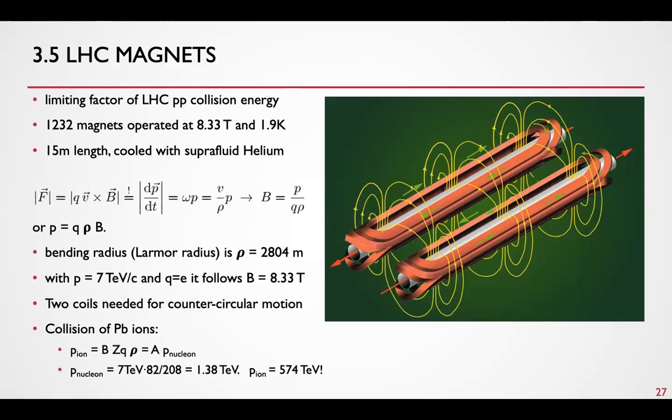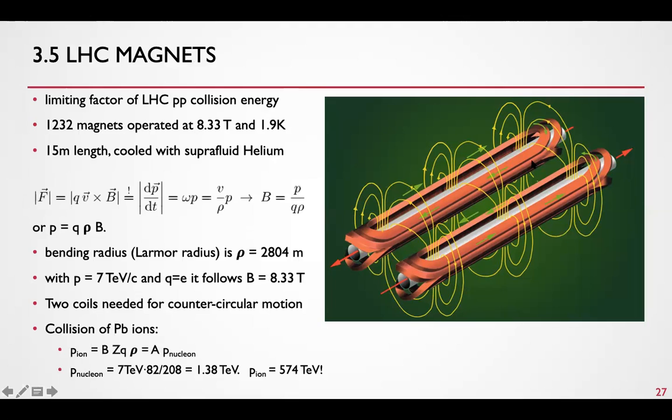That's the last calculation for today, and it's trivial. By the standards we've achieved today, it is trivial. The limiting factor for LHC proton-proton collision is the field strength of the dipoles.